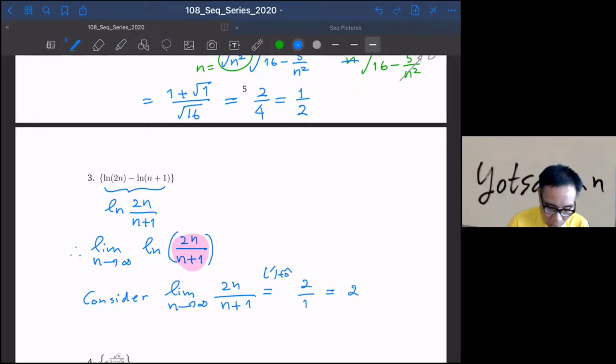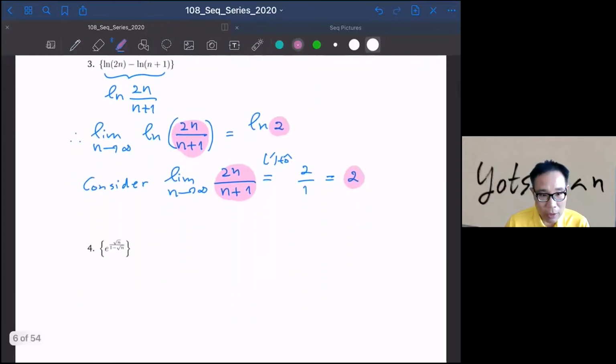The limit of the pink guy turned out to be 2, so this will be just log of 2, and that is easy. For this one, you just compute the limit behind the log and then plug into the function, and you see whether you get a finite limit.